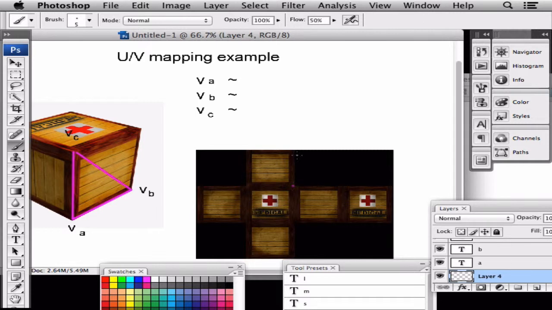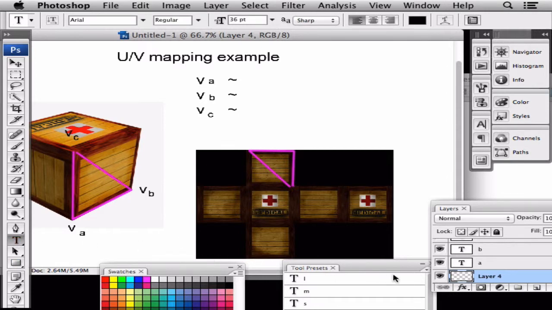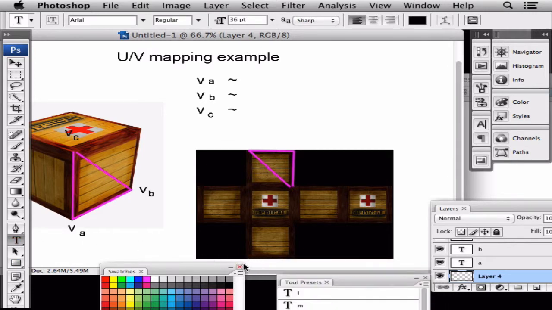Yeah, exactly. So this is what we want. We want this part of the texture to be mapped onto this triangle. And therefore we have to look at the UV coordinates.